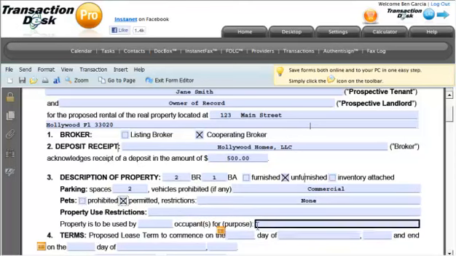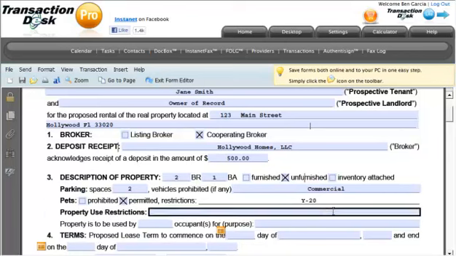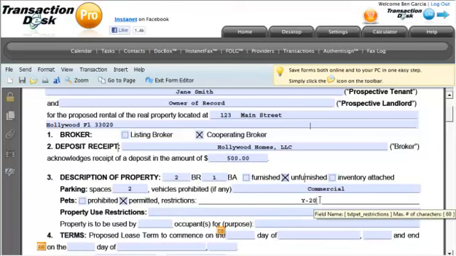If pets were permitted, you would write what the restrictions are according to the MLS. There are instances where pets are permitted, but we don't have a pet. So you might want to write yes, pets are permitted, but none.